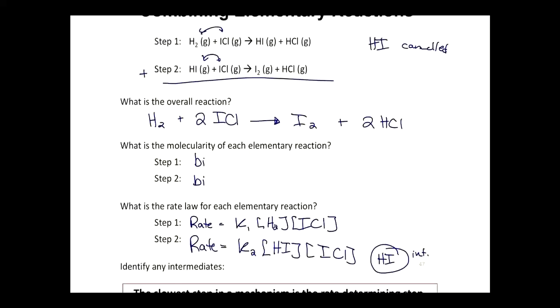But the rate law for the second step is actually dependent on the concentration of an intermediate. That's going to be an issue coming up in a couple of slides. So HI is an intermediate because it got canceled out when we got that overall reaction.